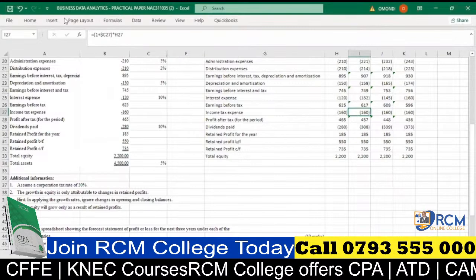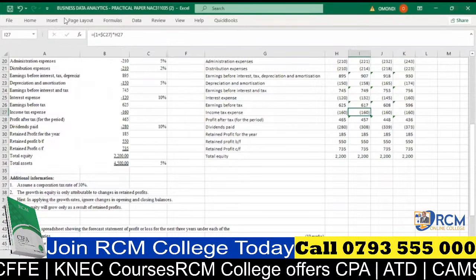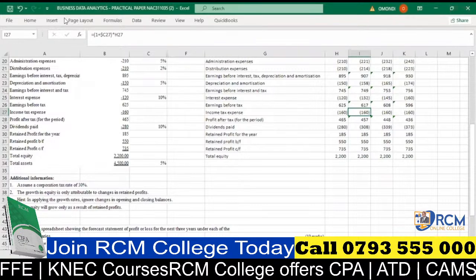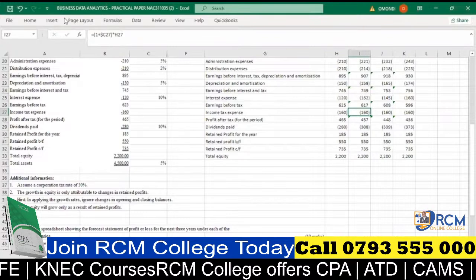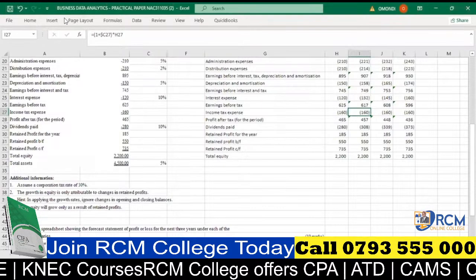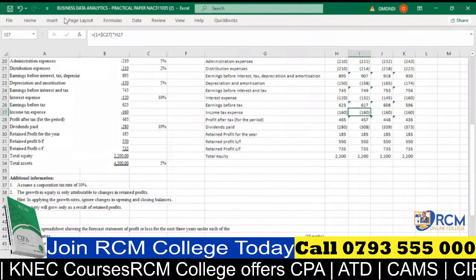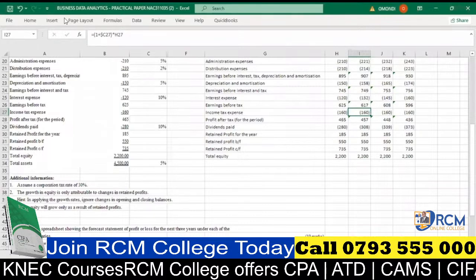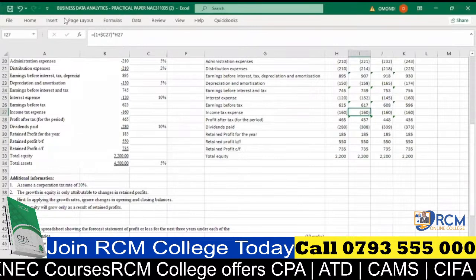Depreciation is 158. Okay. So somebody is saying we add back retained profits brought forward. No, that one is coming at the very last point. Before we get to retained profits, no.